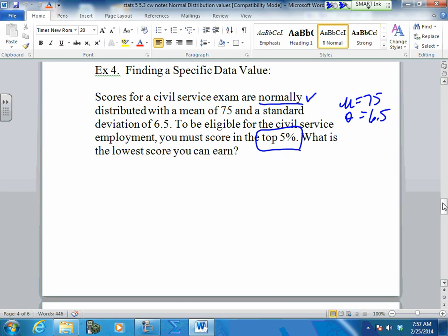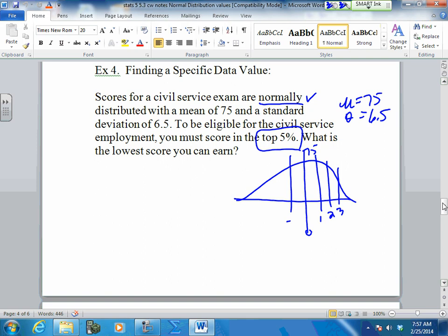So now, as an employer that uses the civil service exam, I need to know what is the cutoff score that I need to look at. So I want to find that X value associated with the top 5%. The top 5% is the area that has 5% in it to the right, right? So here's my mean. I run my 1, 2, 3, and my -1, my -2, my -3.